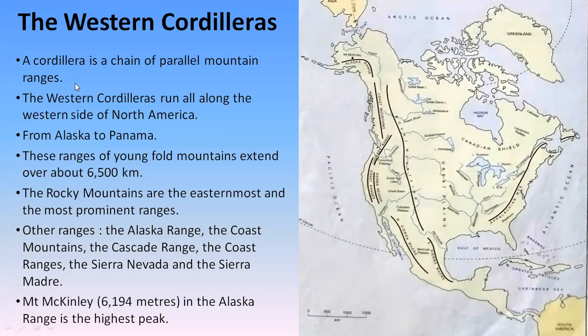So in North America, you will find one cordillera along the western side. While you are looking at this map, you can follow the cursor movement. There is one mountain range, another mountain range, and another over here on the western side of North America along the coast of the Pacific Ocean.